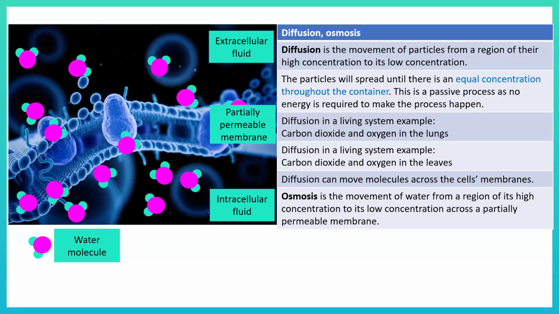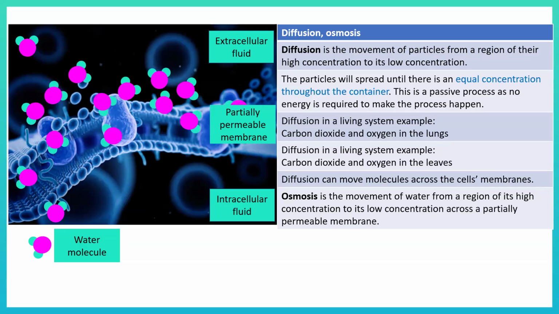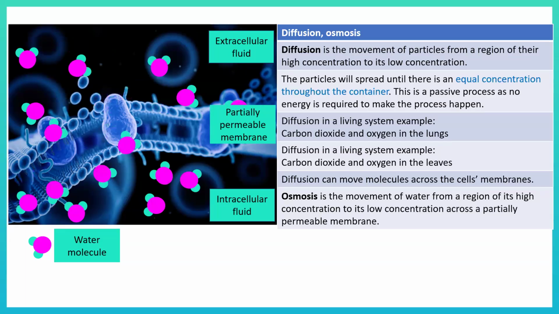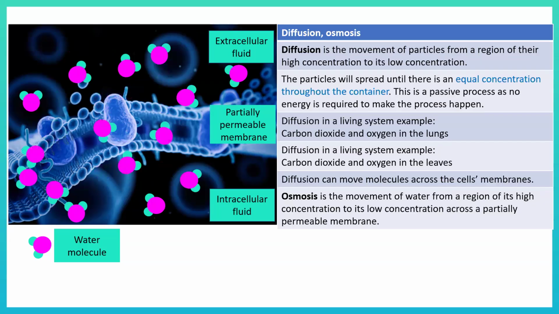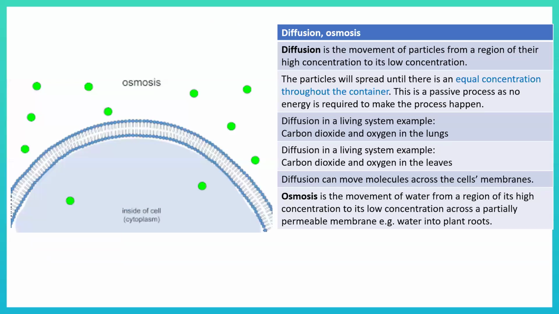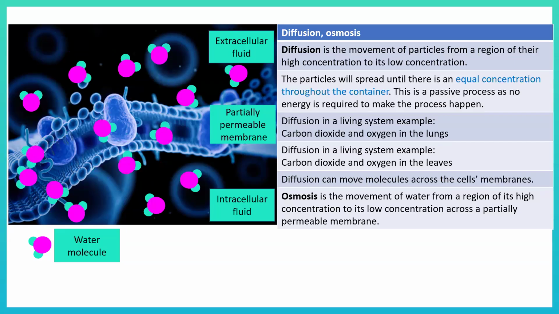It's not constant, it just takes a while. And it will keep moving until it's equally distributed on both sides of the membrane. So we've got an equilibrium that we've reached.